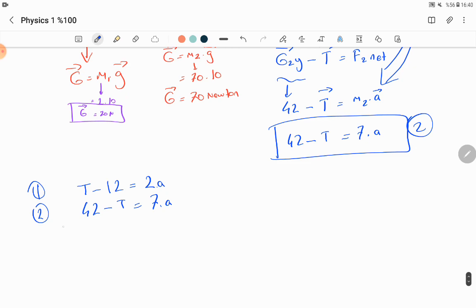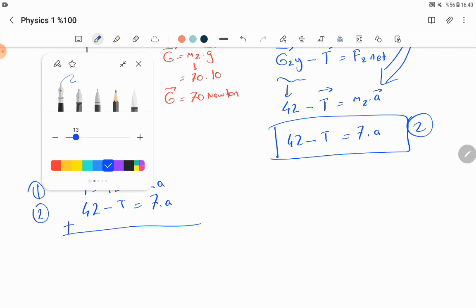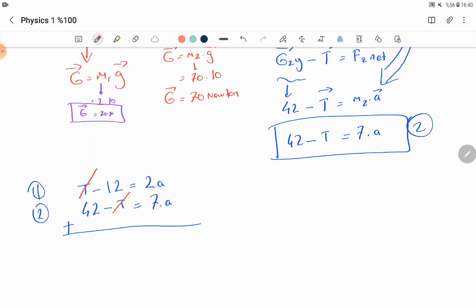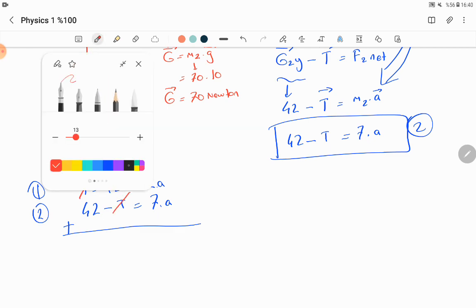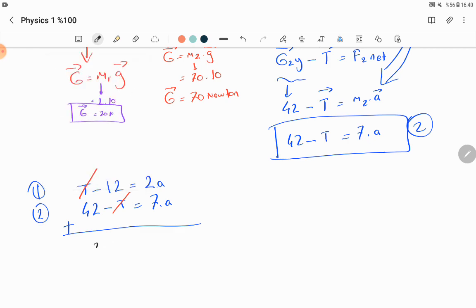If we add these two equations, we can find 30 equals 9 times A, and our system acceleration value is 3.33 meters per second squared.